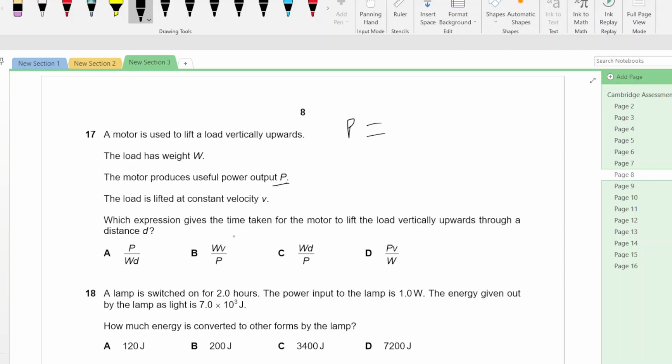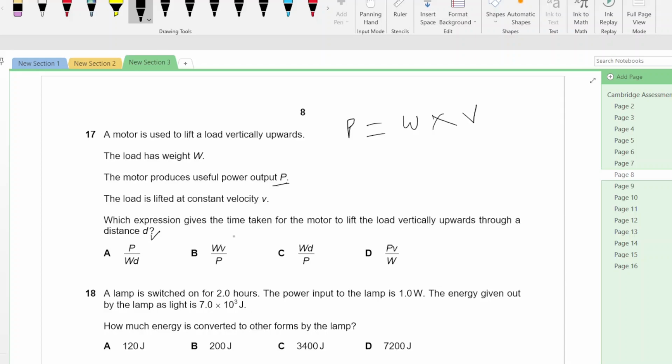Force here is weight W, into velocity V.